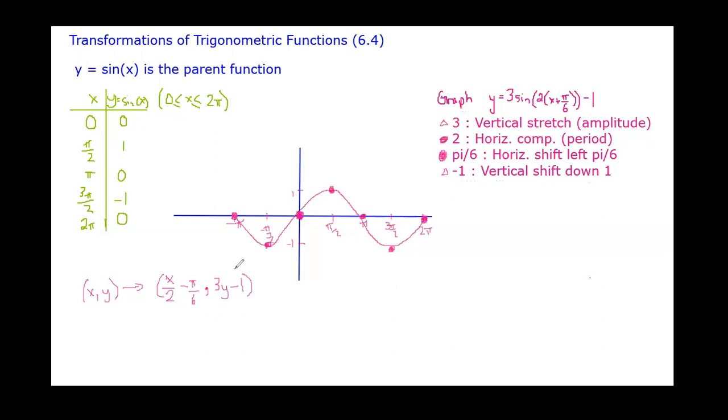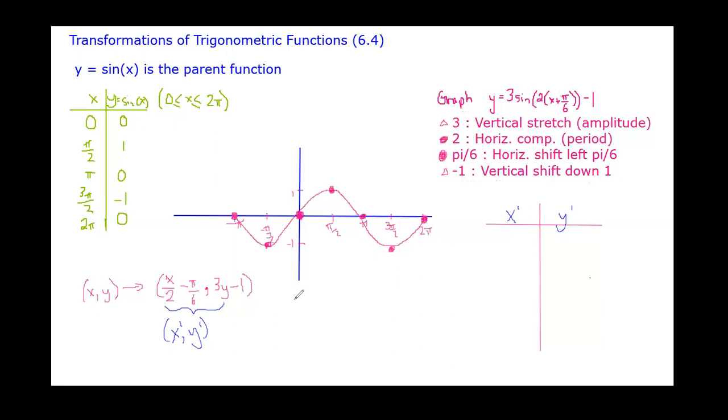If you can help me out with a new table of values, I would appreciate it. I'm going to draw that over here. I'm going to call this x prime and y prime because that's our new piece, the image. So x over 2 minus pi by 6.